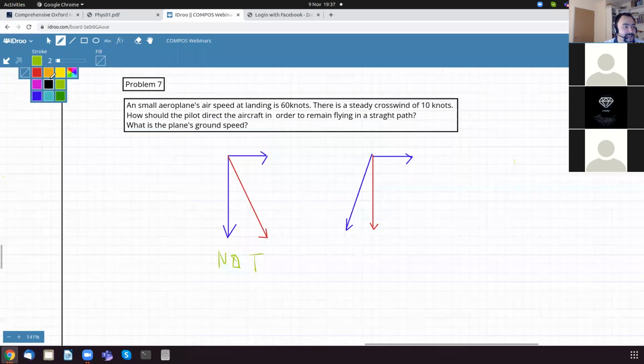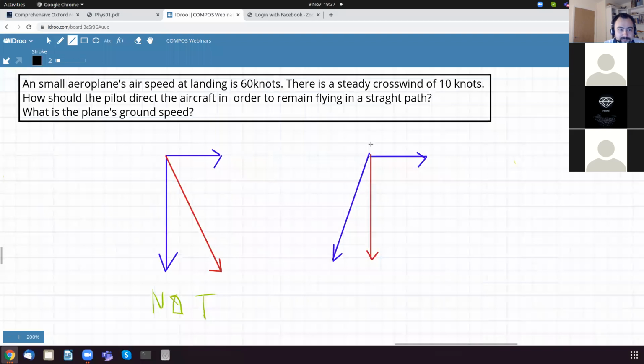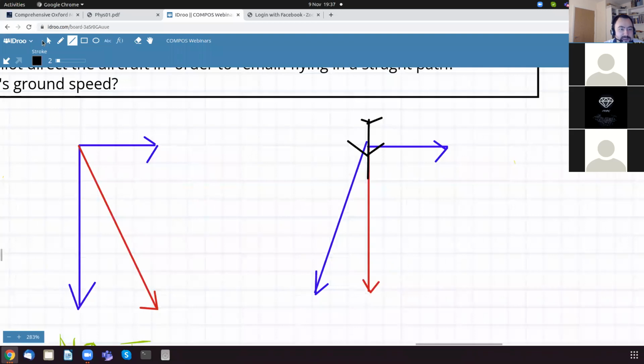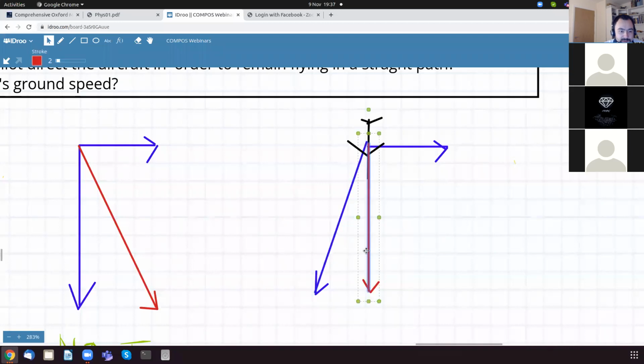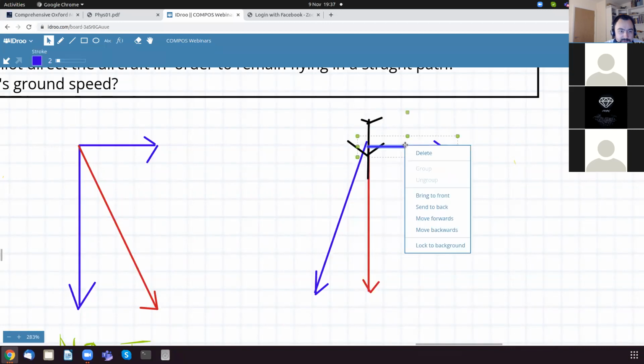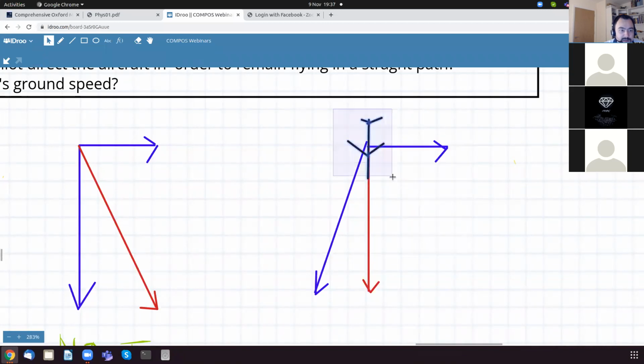The plane is like this, and you need to point the plane this way in order for it to actually follow a straight line path over the ground.